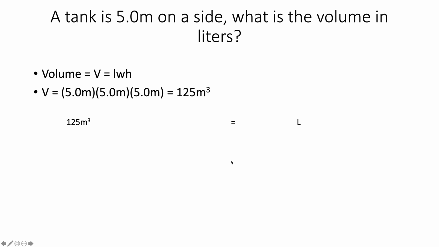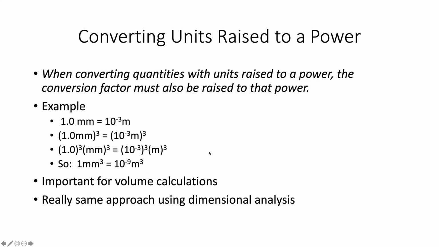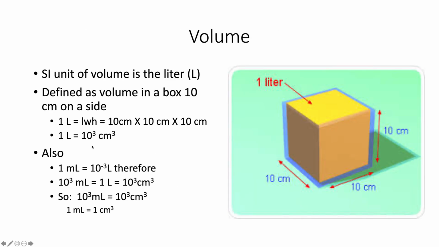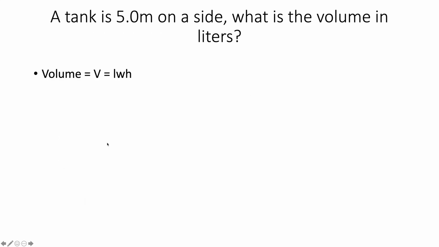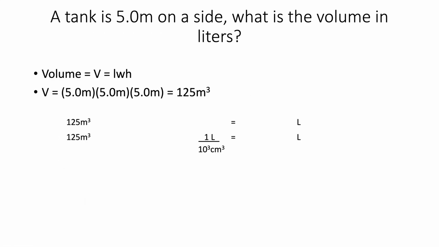So let's work backwards. What do I know about liters? Right? Again, you can hit pause at any step and try it on your own. Okay, well I know 1 liter is 10 to the third cubic centimeters from this slide right here, right? Let's get back to where I was. All right, so now liters are there, but I need cubic centimeters and cubic meters. Now I don't know that, but I do know that 1 centimeter is 10 to the minus 2 meters, but I want it cubed.